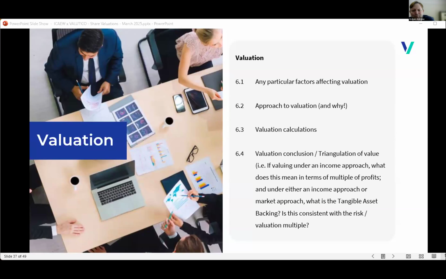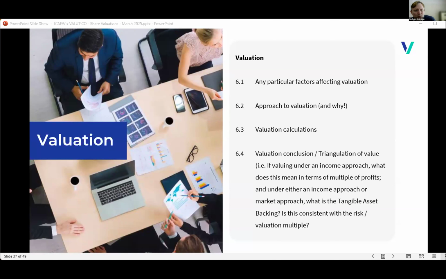The income approach is typically more suitable for businesses that have predictable earnings, where future cash flows drive value. The market approach is typically more relevant, where there are comparable businesses or transactions that can serve as benchmarks. And the asset approach is often used for asset-heavy businesses or where earnings are uncertain.